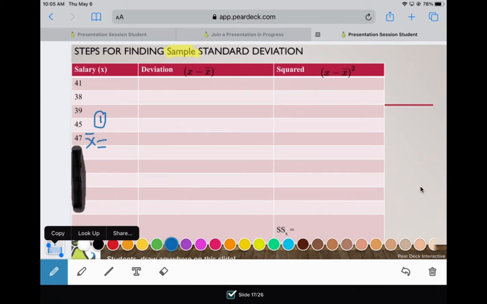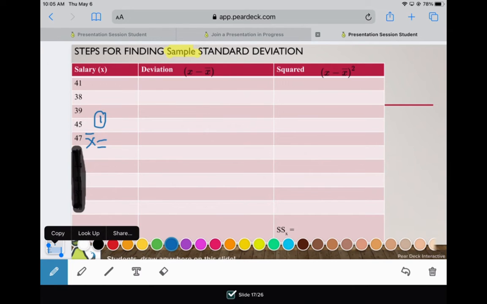So I'm going to find the total. 41 plus 38 plus 39 plus 45 plus 47. That gives me 210. All right, I'm going to share the link. There you go.